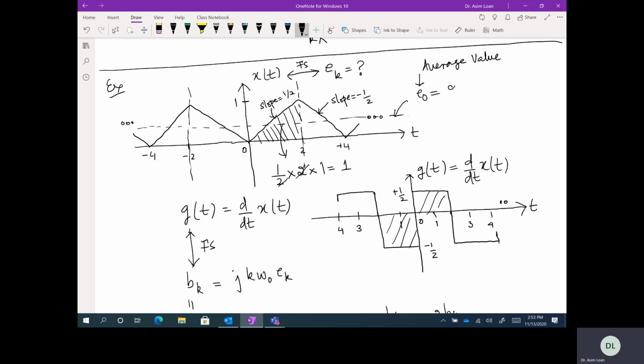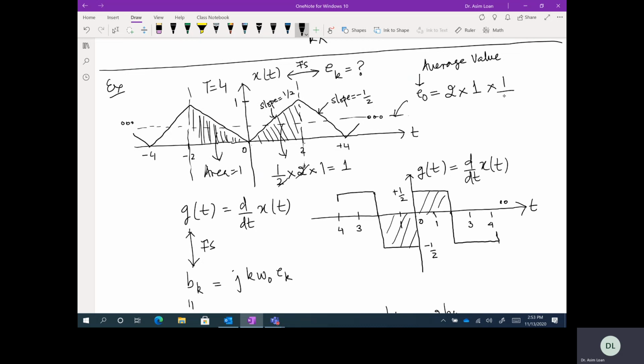So E naught is 2 times 1, 2 times because it's twice here, this one and this one. So the area is 1. So 2 times 1, into 1 over T. And what is T? T is 4 over here.